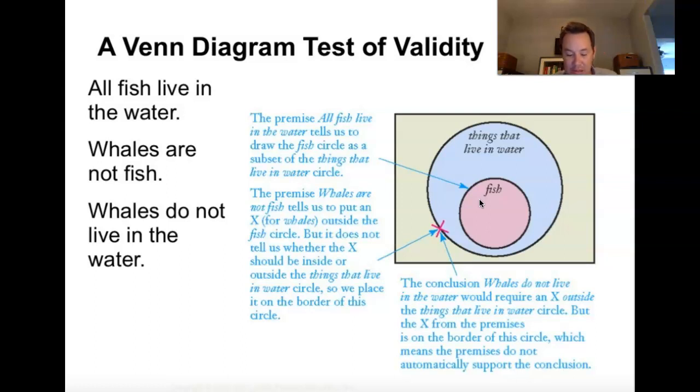If it doesn't, the argument is not valid. So all fish live in water. We can rethink that as a conditional statement, as an if-then statement. So I can describe that as if something is a fish, then it lives in water.